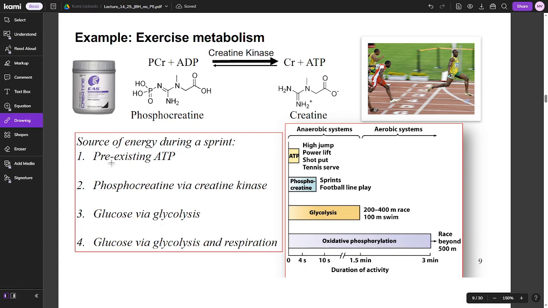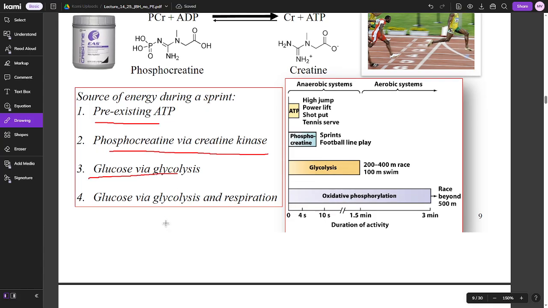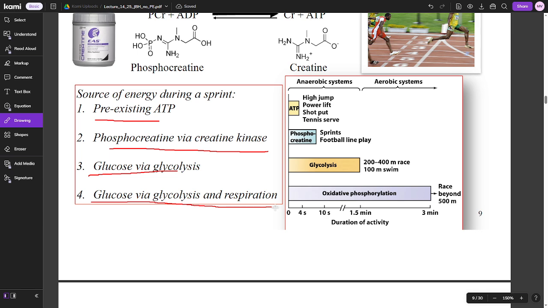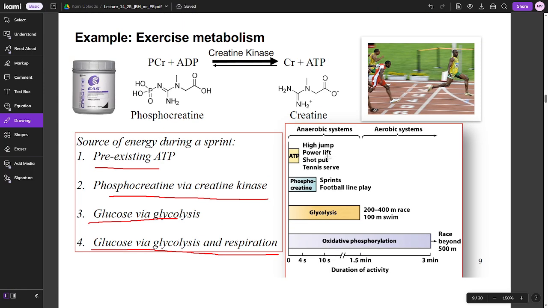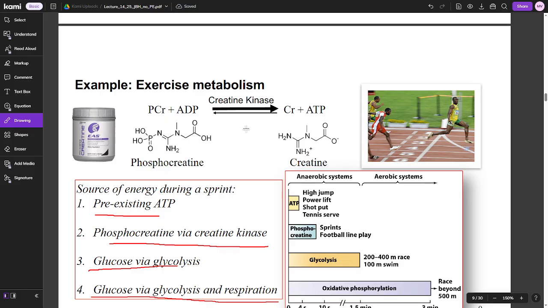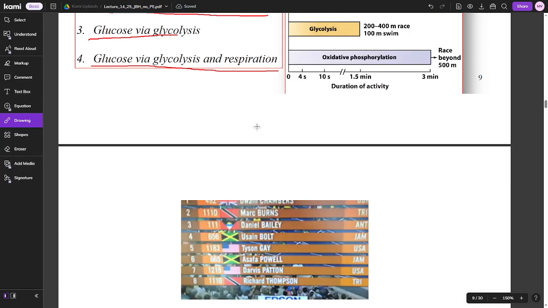So you've got pre-existing ATP, phosphocreatine, glucose, and then glucose again, right? So glycolysis and glycolysis for and then respiration. This slide's not that important. I've never seen them test on this, so I wouldn't worry too much about it.